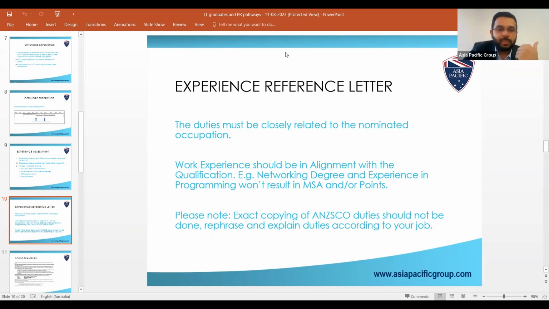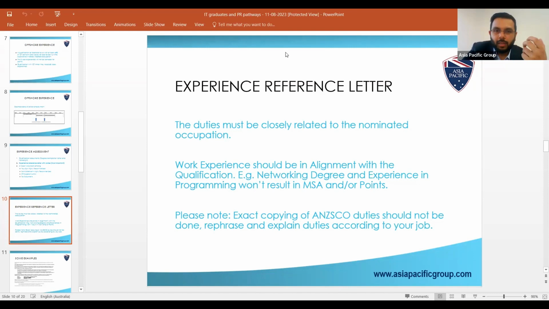The ANZSCO duties are basically the guideline from the government that this particular job, as a software engineer, is supposed to involve these kinds of tasks. People just copy-paste the duties into the letter. It's not going to work, because it's just an indication of what kind of work is required. That's not the real work, because those duties are usually very vague and not specific to the job.